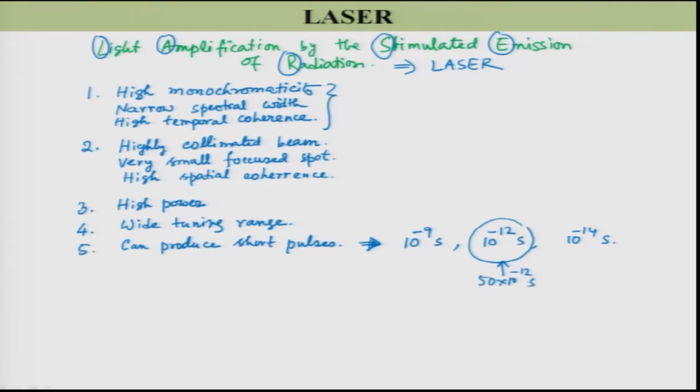So, 50 picosecond, 100 picosecond, something like that. If you are interested in much shorter time scale measurements, then you have to go for such light pulses. So, these are the 10 femtosecond light pulses. Here it is a 50 picosecond light pulse.